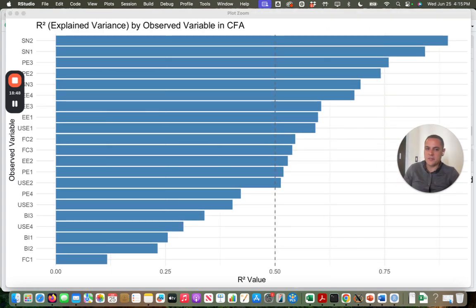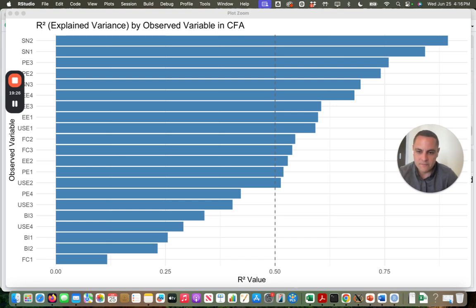You can see that most of these indicators are pretty good, aside from the ones below that cutoff, like PE4, which is a little bit weaker, and then you have USE3, BI3, USE4, BI1, and BI2. There should be a pattern here that you're starting to pick up on.